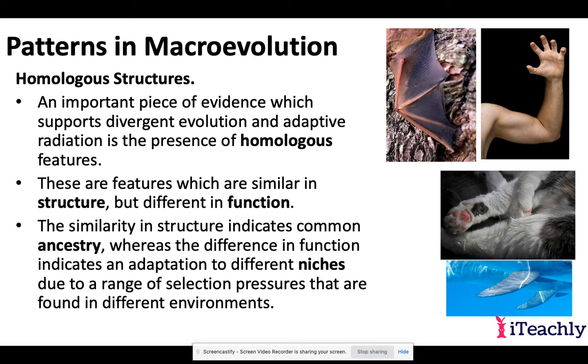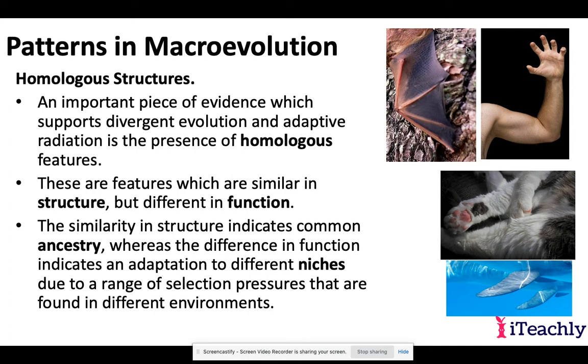So another pattern of macroevolution is homologous structures. Remember, homologous means same. There is a large body of evidence to support divergent evolution and adaptive radiation, and homologous features are part of the evidence to help support that.